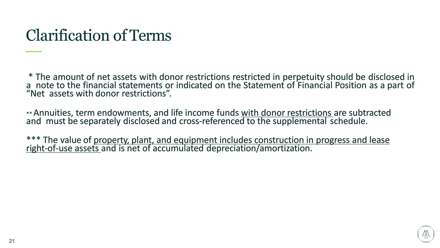The next two slides talk about some classification terms. The thing to note for this one is that your annuities, term endowments, and life income funds with donor restrictions are subtracted, and they must be separately disclosed and cross-referenced to the supplemental schedule, which shows how the financial ratios are calculated.